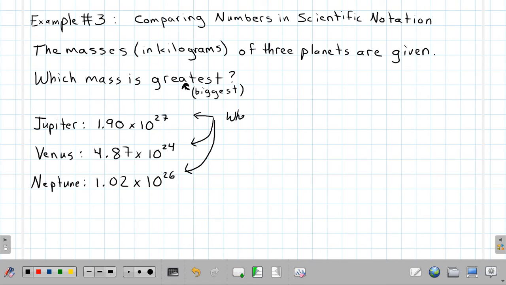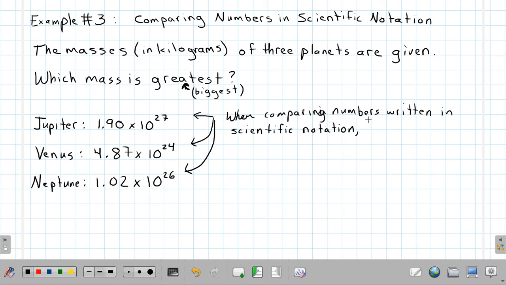So when comparing numbers written in scientific notation, look at the exponents.